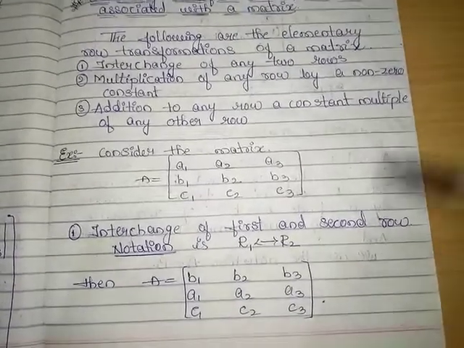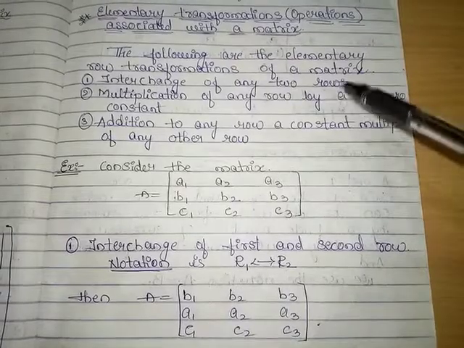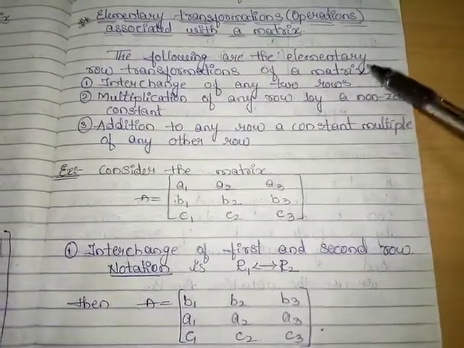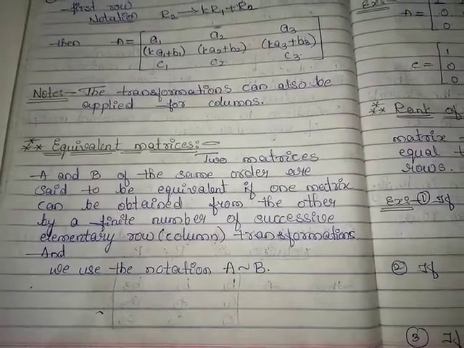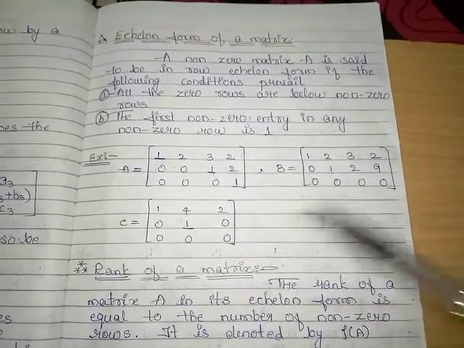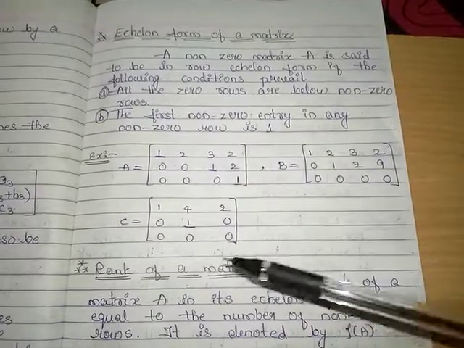We also solved examples to know how these transformations work, and covered the notations for these transformations, the definition of equivalent matrix, and two most important definitions, that is echelon form of a matrix and rank of a matrix.